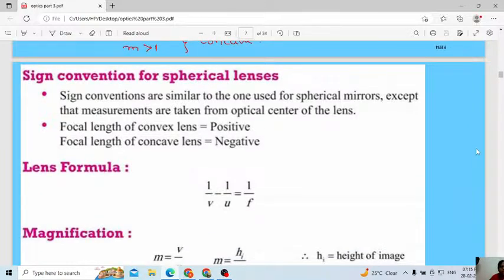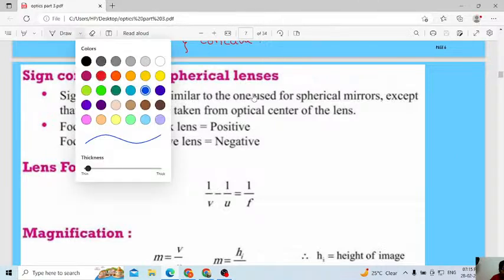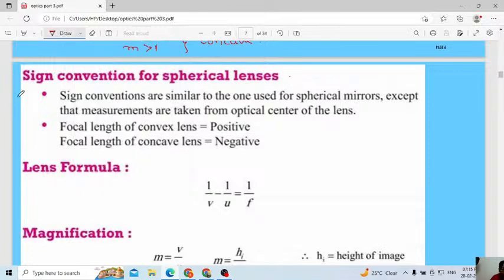Okay, next, sign convention for spherical lenses. Almost it will be the same as for a spherical mirror.